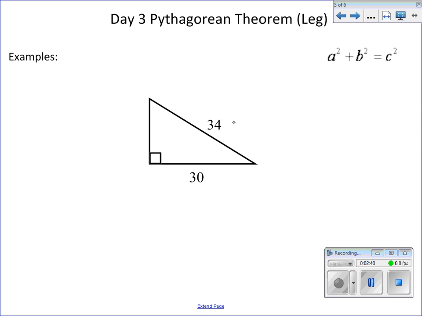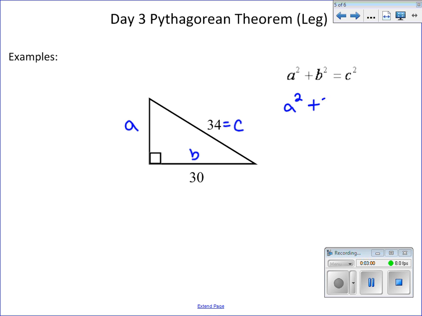Okay, looking at the second example, remember our shortest leg is A, our longer leg is B, and our hypotenuse, or that diagonal, is always C. Again, we're going to use our theorem and just plug them in. A squared, well, we don't know what A is, so it just stays as A squared, plus B squared.